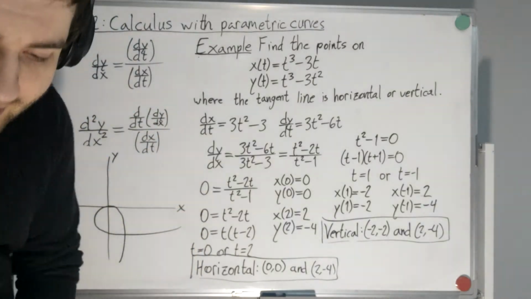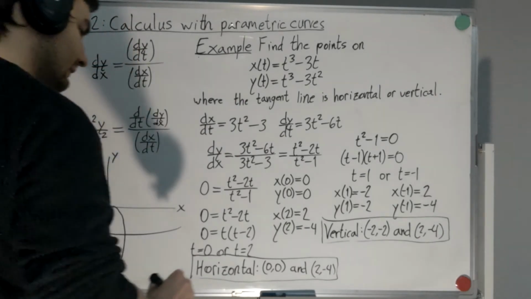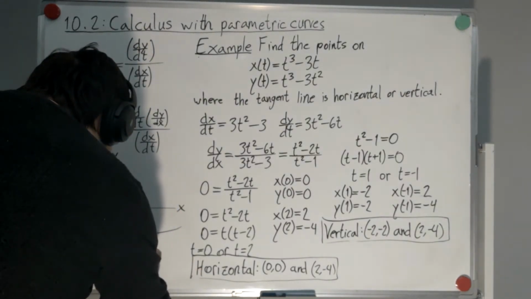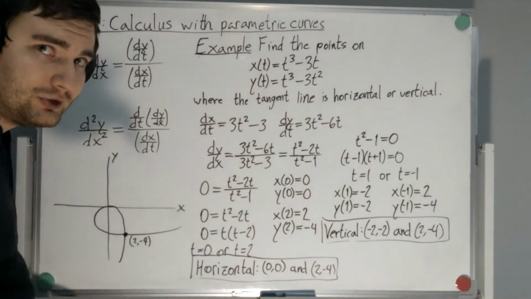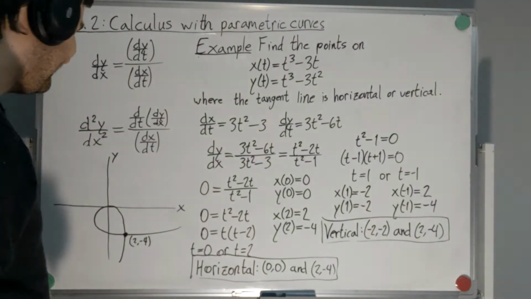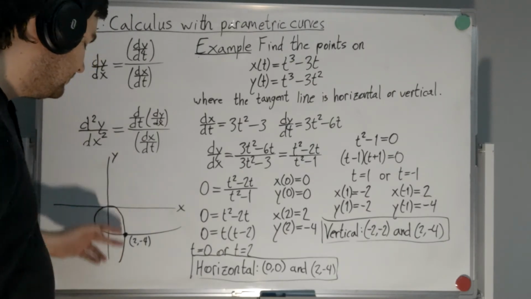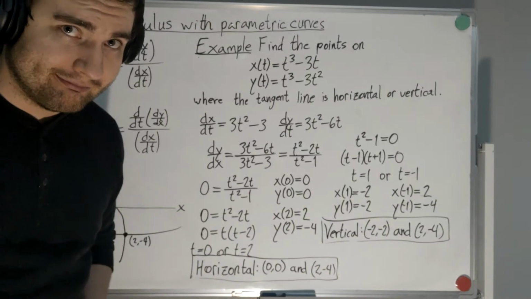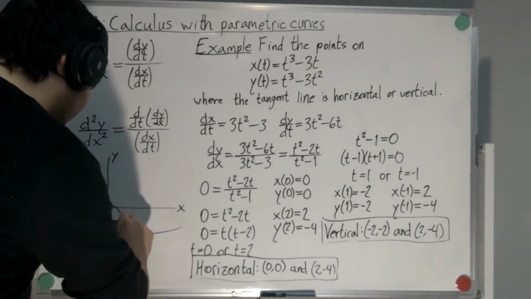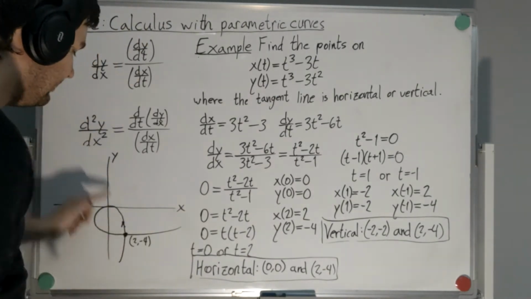Okay, and it so happens that this point right here is (2, negative 4). So what's going on here, you see, is that the first time it crosses through (2, negative 4) is when t is negative 1. And at that point, it's going up like this.